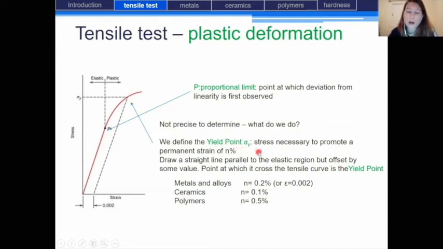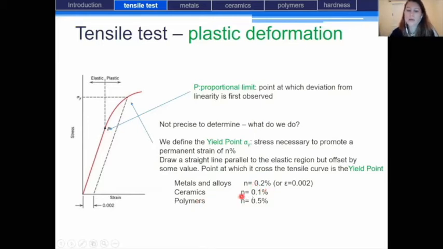So what are we going to do? Depending on the class of material you are working with, metal, ceramic or polymer, you will find the value of n in the literature. For metals and alloys, it will be 0.2%.